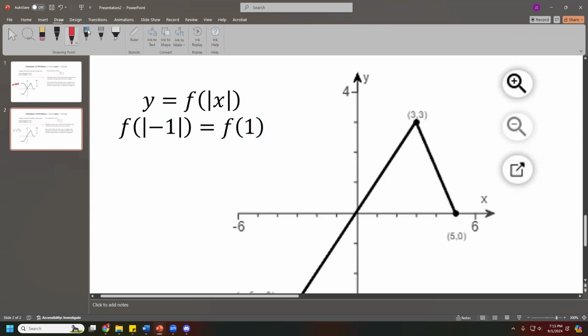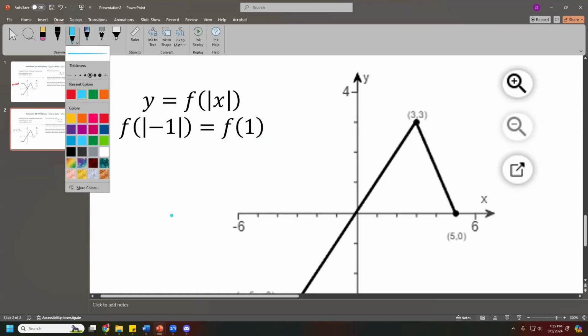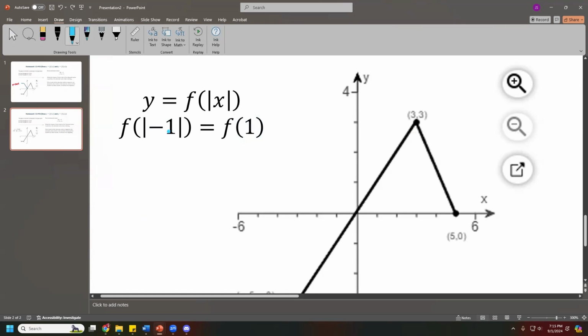In other words, my output is going to be the same as it is for +1. So here's my output at +1. When I plug in -1, it should be the same thing.